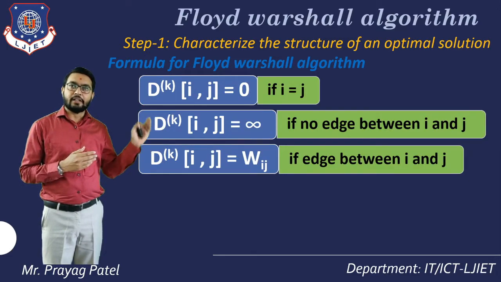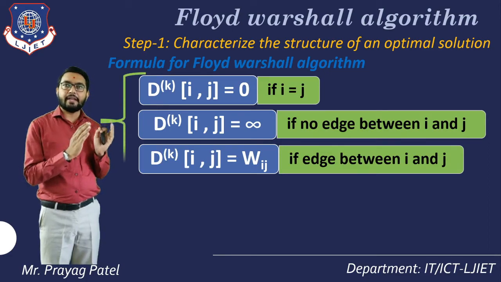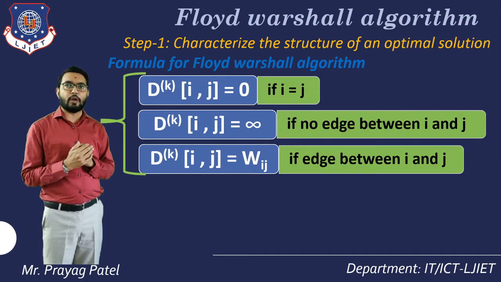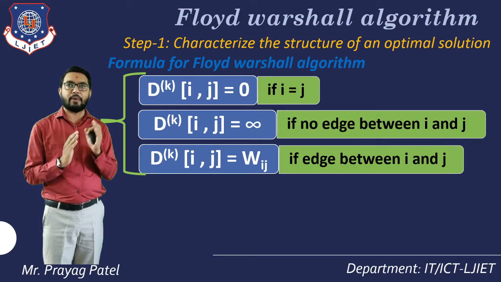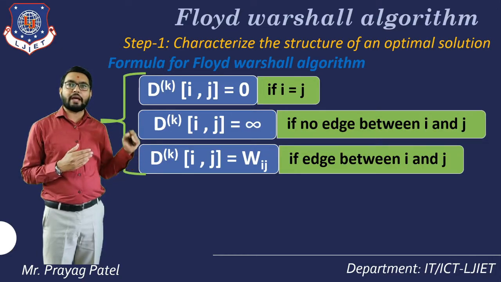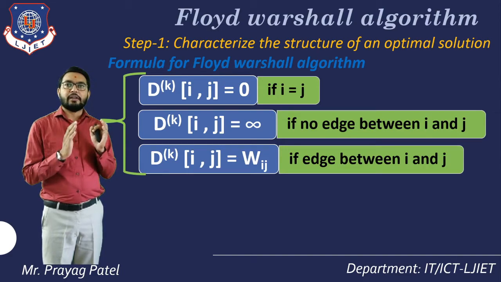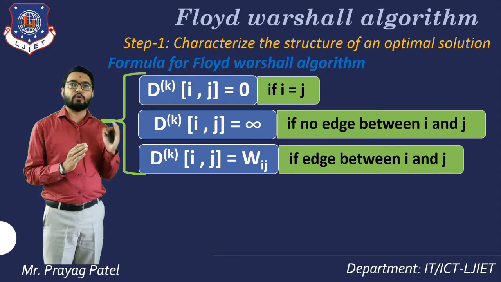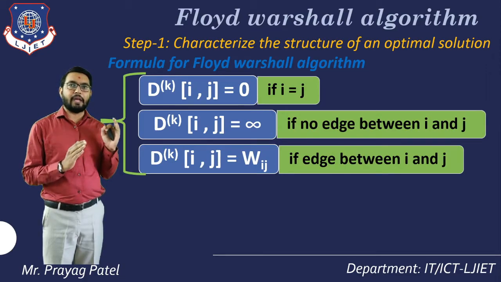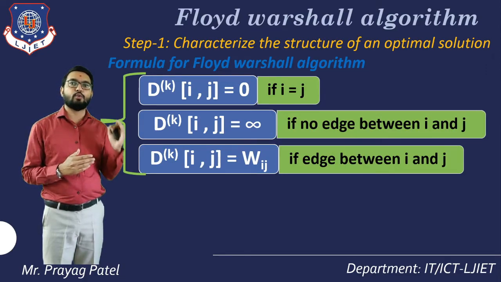So consider these three formulas as the initial condition. According to these three formulas, you can represent the initial matrix or initial table D. The third formula means you can put the weight of the path from i to j in this place if the edge is available from i to j.